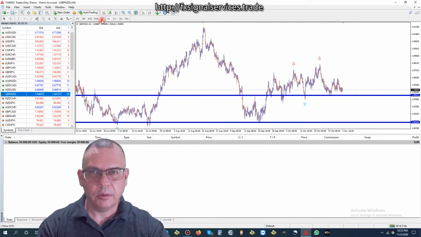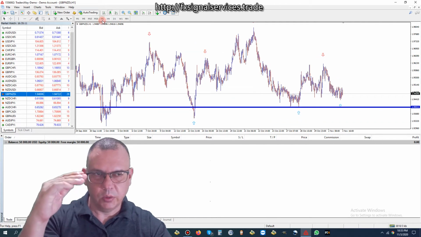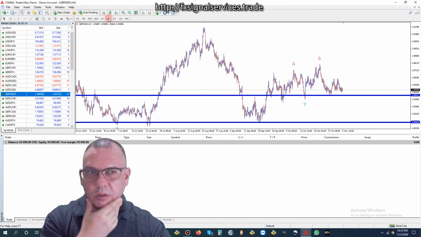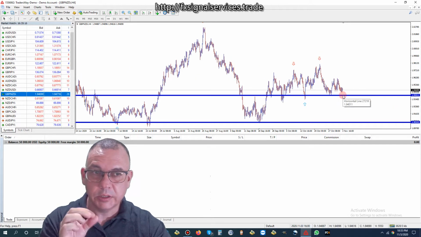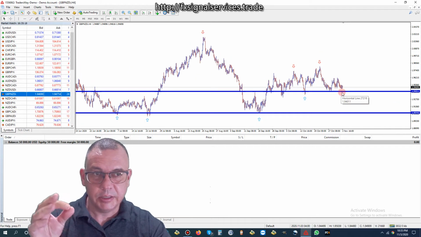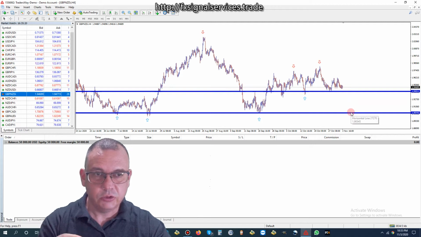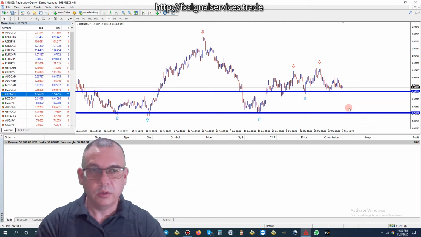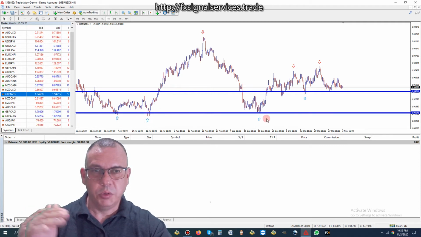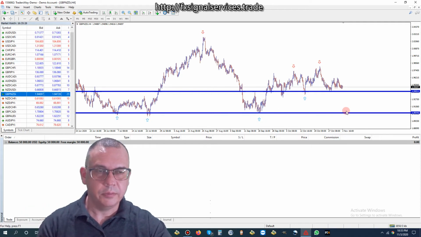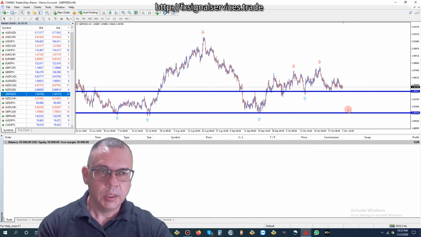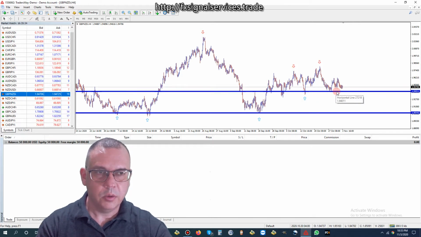So what that means is in the short term it's going to go up, in the long term it's probably going to drop. Now there's a good possibility that this could break and drop all the way down here. We don't know, because if we look at the 4 hour chart, we have a number of blue arrows at this support line here. So yes, it's possible that we could see the price drop back down.